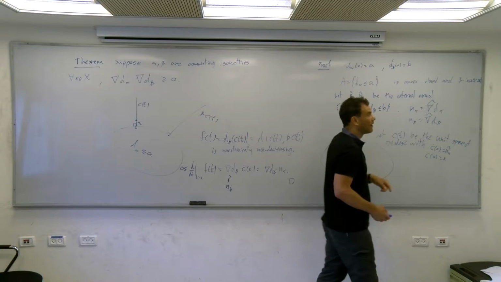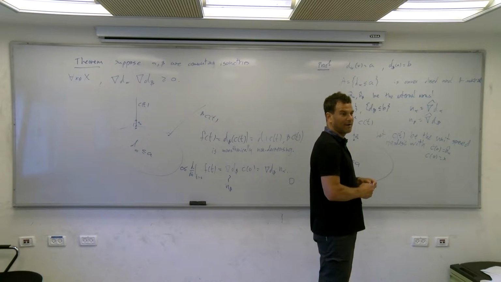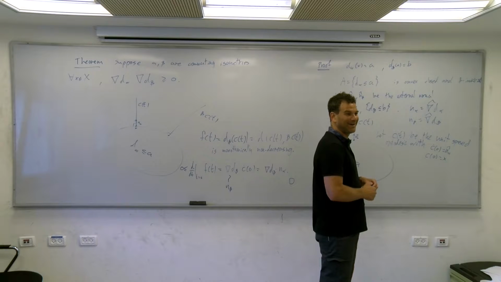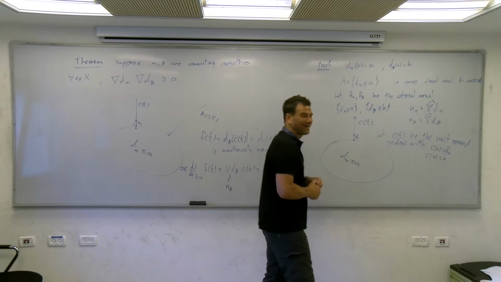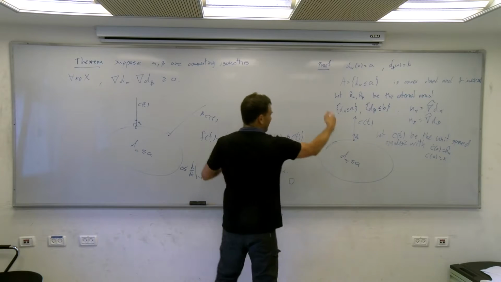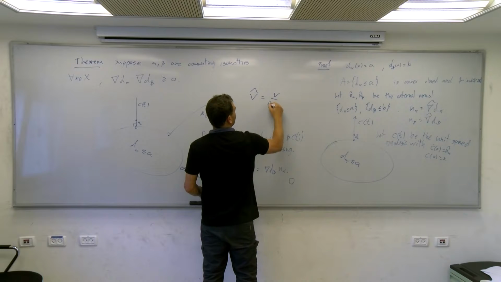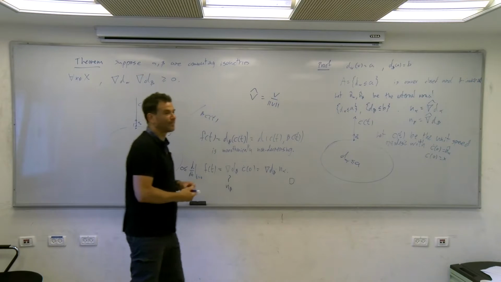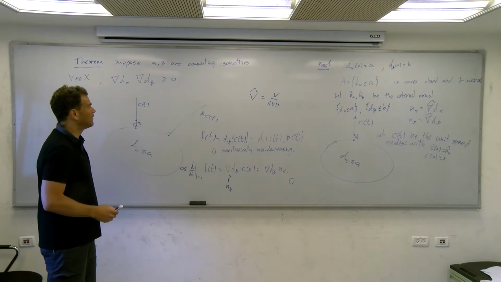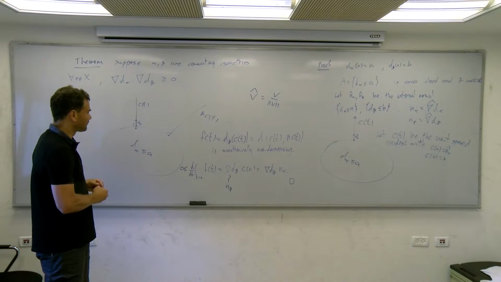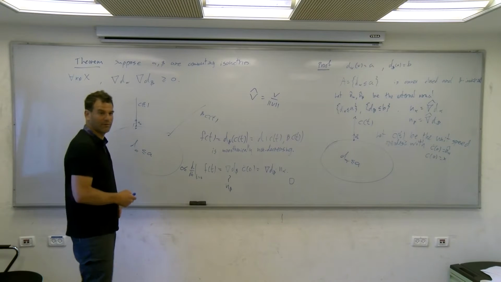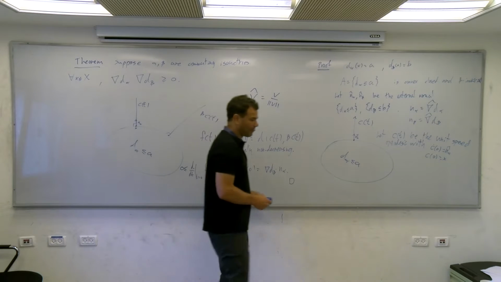The hat is like taking the unit vector, v hat is v over its norm. I don't know if it's standard. Okay, so this proves the theorem.